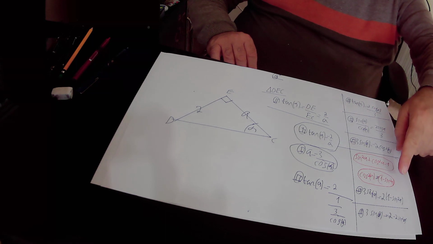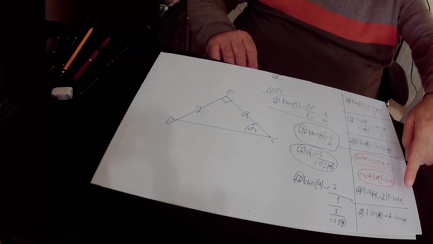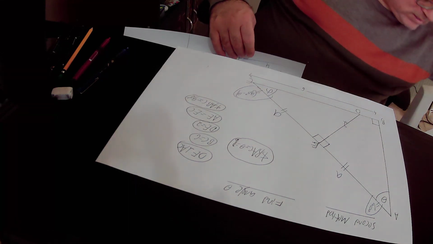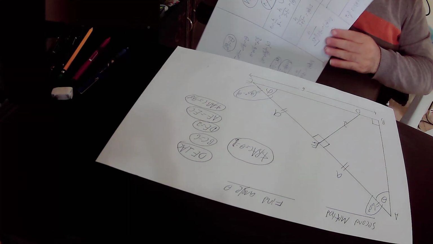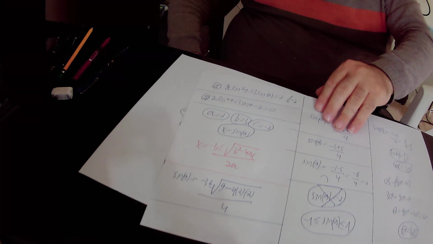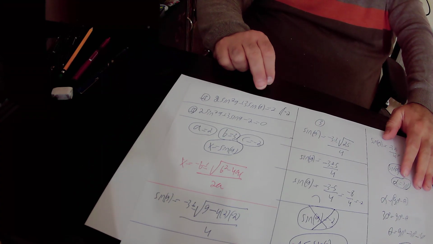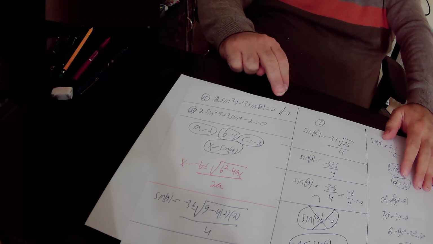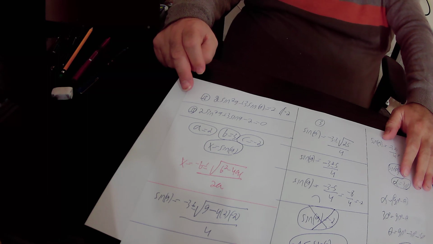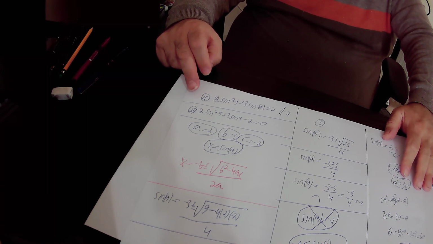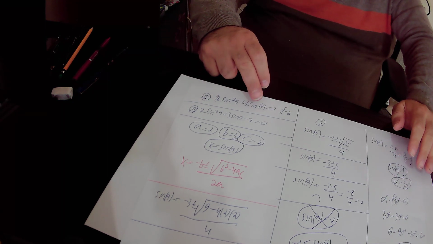Then we added 2 times sine square alpha to equation number 2, and we got 2 times sine square alpha plus 3 sine alpha equals 2. We subtracted 2 and found that 2 times sine square alpha plus 3 sine alpha minus 2 equals 0.